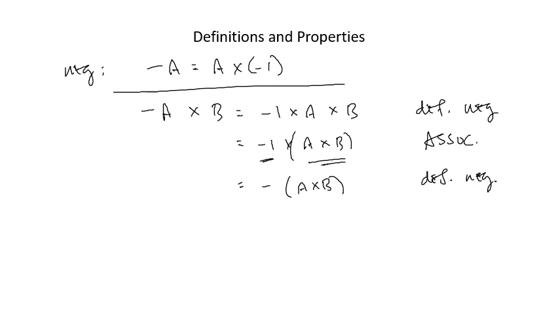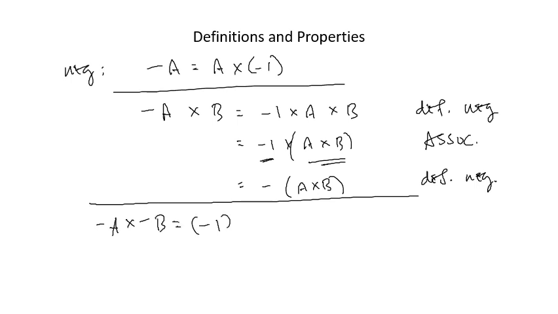And then we can extend this even further to the case of negative a times negative b, and show that this is negative 1 times a times negative 1 times b. I know I've switched this around a little bit. We know that this is commutative, so we could put the negative 1 on the left or the right.